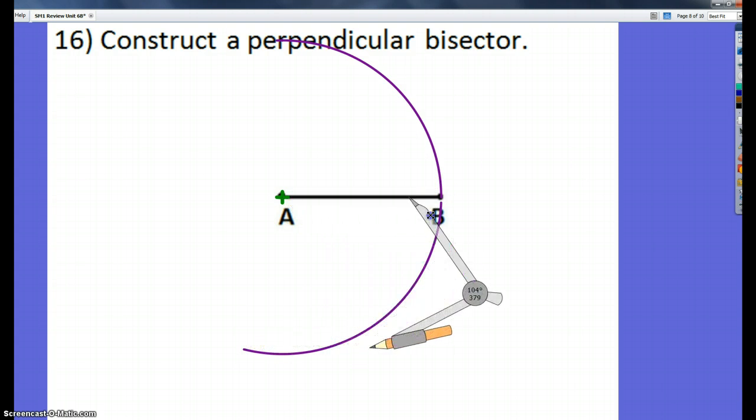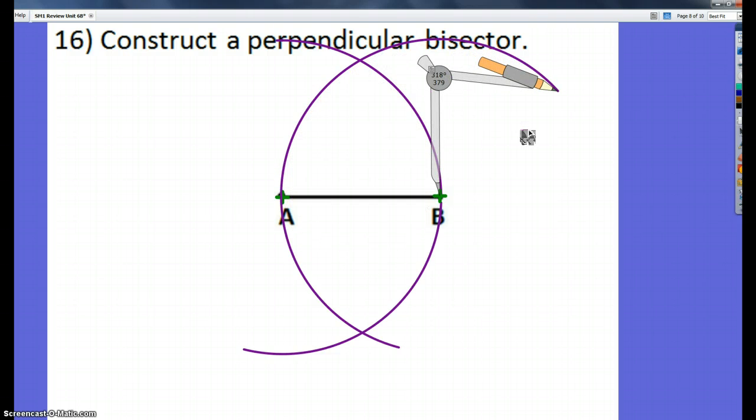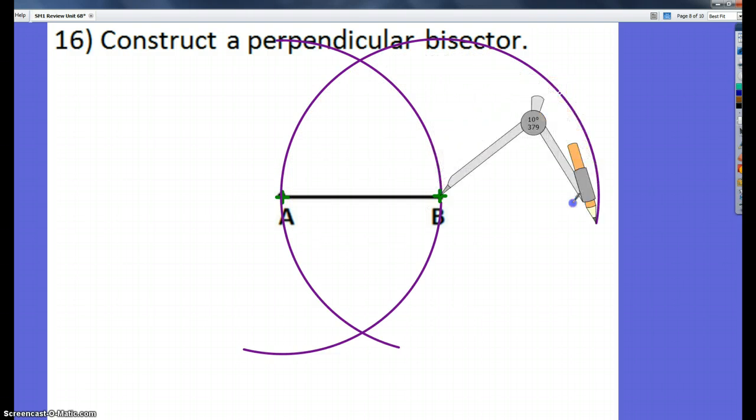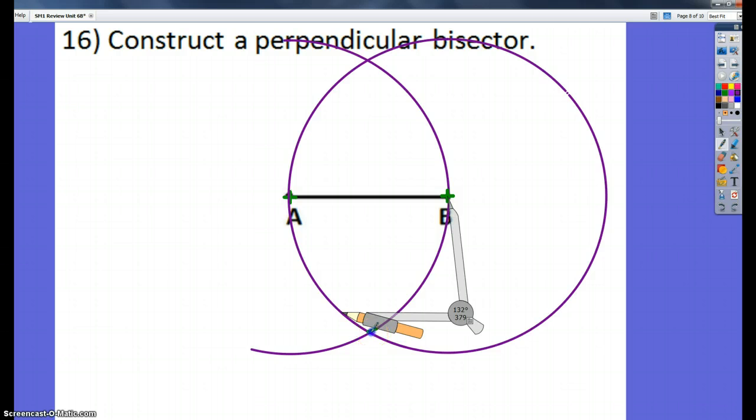And then we're going to switch, and we're going to take that same measurement, we're going to run it through the other way. If you want to keep going with your circle, keep going. But you don't have to, because what we really need is where it intersected. And in this case, it intersects here and here.